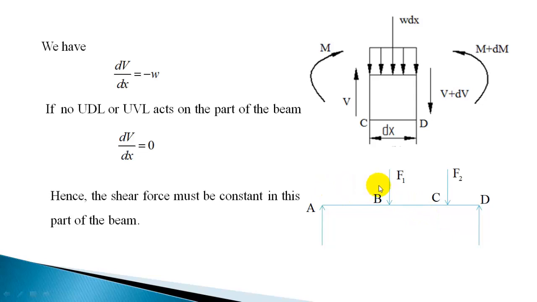So when there is no load between the points, shear force remains constant. And this relationship also establishes the same understanding. Hence, wherever rate of loading is 0, the shear force must be constant in this part of the beam.